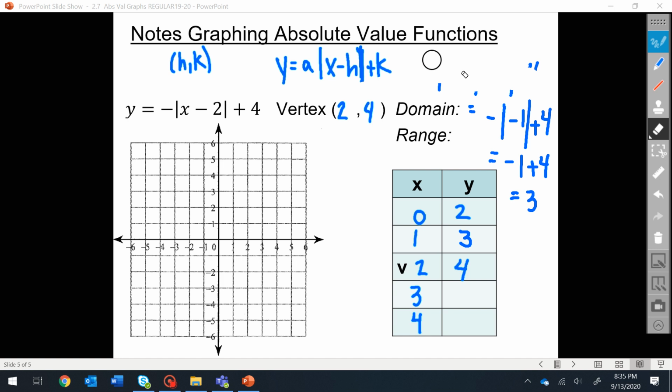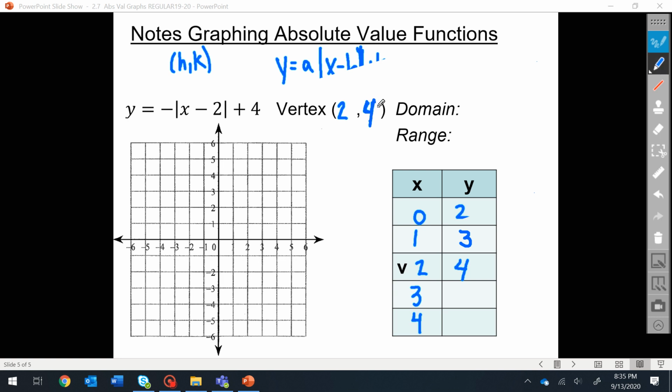Alright, so we're just going to go through these and plug them all in. And it looks like I've erased a little bit more than I meant to. So after we plug them in, we plug in 3, we will get 3, and we plug in 4, we will get 2. And you can go back and check these if you like to make sure that I am correct.